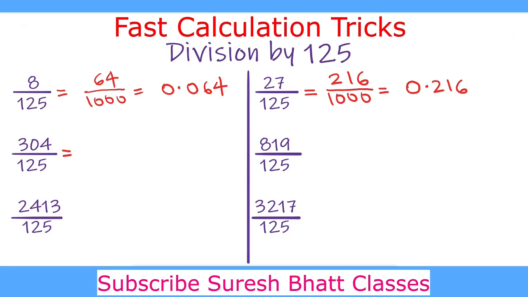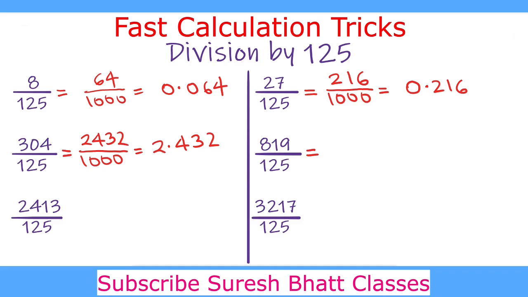Our next question is a 3 digit number, 304 divided by 125. We split 304 into 300 plus 4. 8 times of 300 is 2400, and 8 times of 4 is 32. So this becomes 2432 divided by 1000. This gives us 2.432. Our next question is 819 divided by 125.